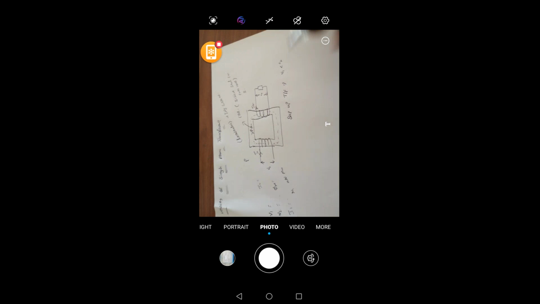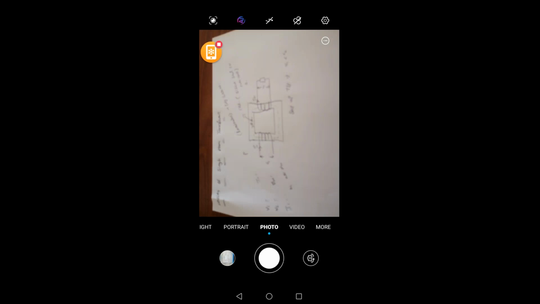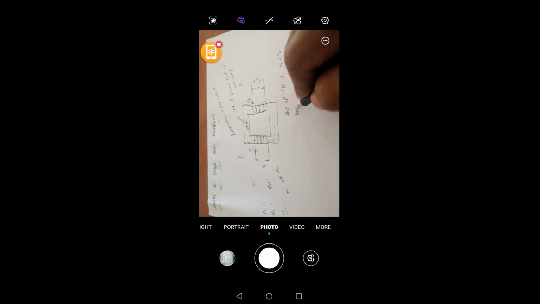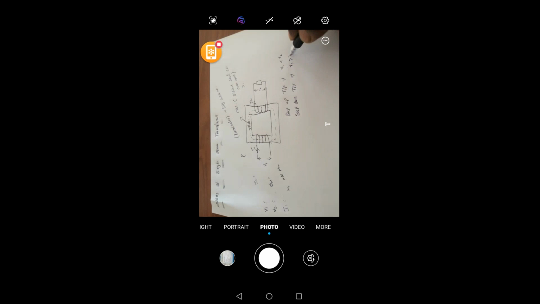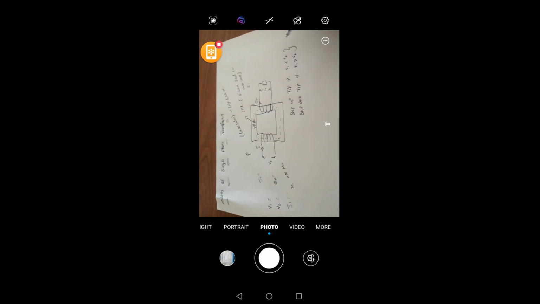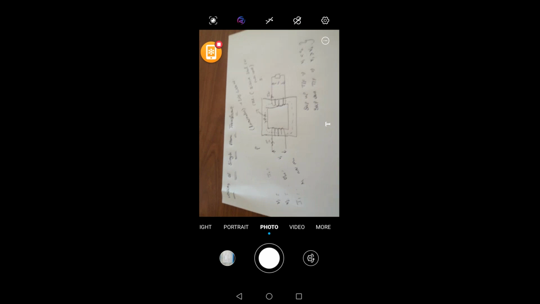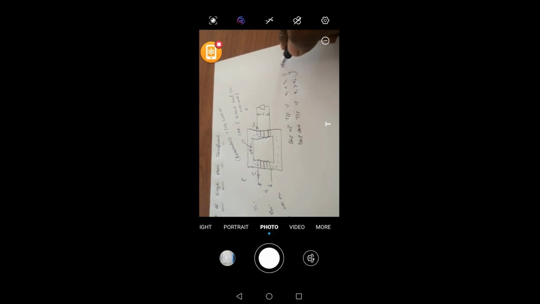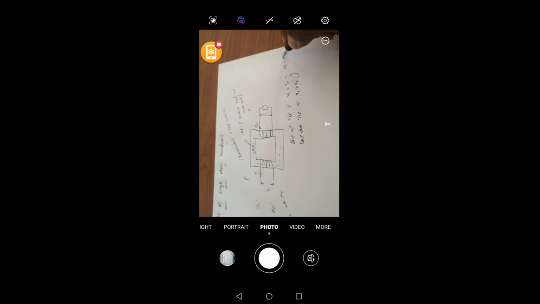If it is a step down transformer, V1 is greater than V2. This is the relation in terms of voltage. In terms of number of turns, we can write N1 less than N2 for step up, and N1 greater than N2 for step down.